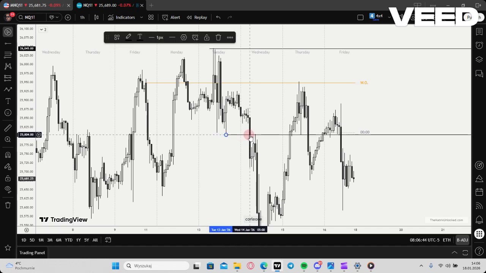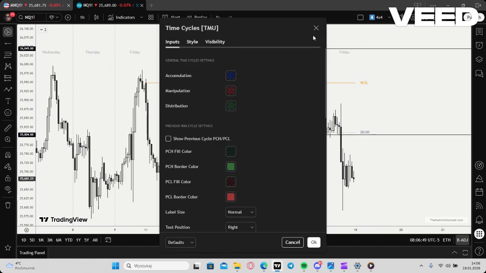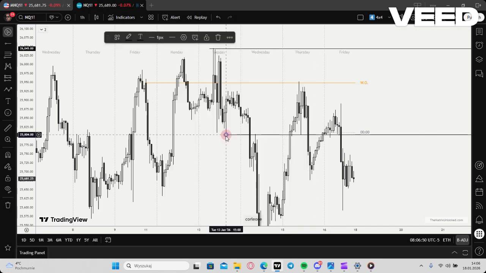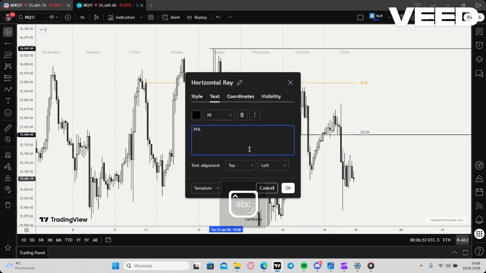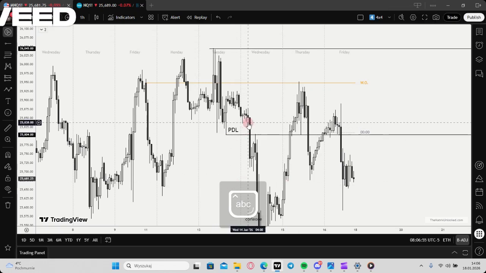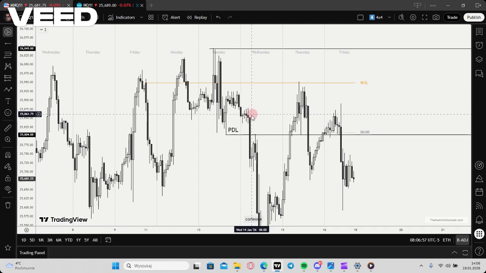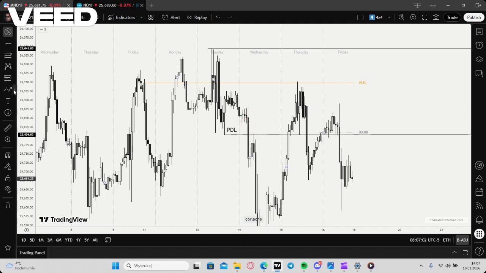What can we see? This previous day low. Give me a second to make this clear. Previous day low. We displaced through it on a Wednesday and created a fair value gap. Guys, this is a very important signature.